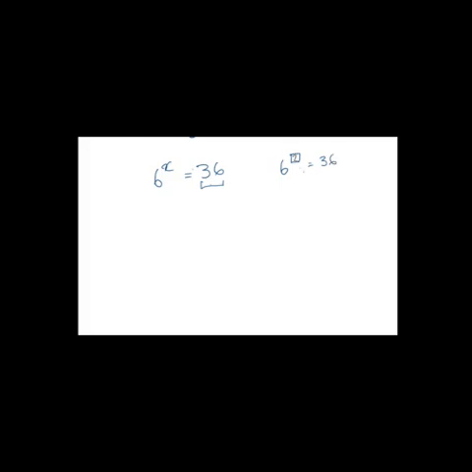Well, 6 squared is 36. So 6 to the power of x equals 36, which equals 6 to the power of 2. Therefore, x must equal 2. Our rule here does all of the work.